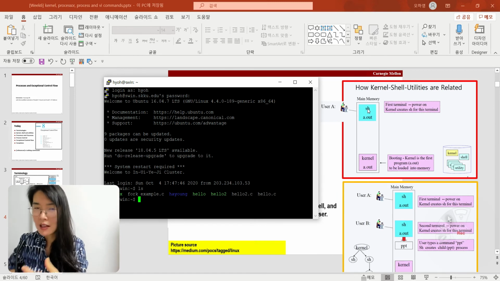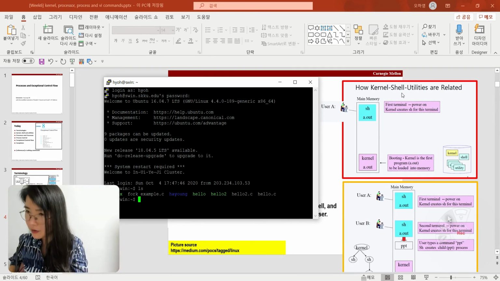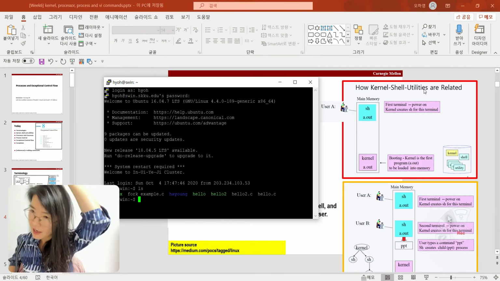Sometimes I can make a new file with VI or edit, all right? Or I can just check the old files in the current directory like that, all right? So how kernel, shell, and utilities are related is the content of this slide, all right?